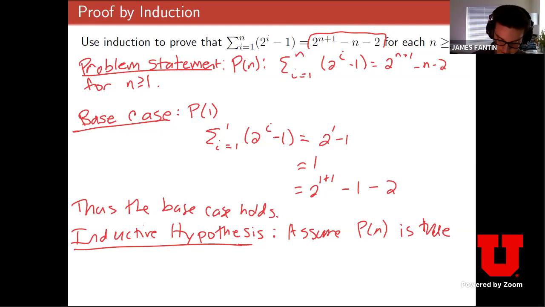And we'll go ahead for our inductive step and show that P of n implies P of n plus 1. Before we do that, any questions on this first part for this induction problem? Awesome. So let's go ahead and do the inductive step.